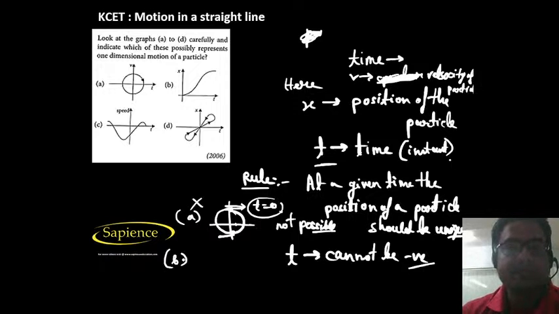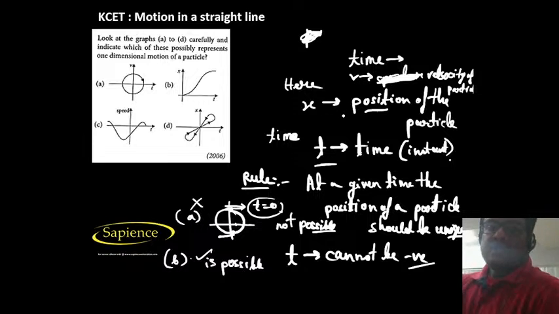Option B is possible, since at any particular instant of time it can have a unique position x only. In option C, time is negative, which can't happen, since time cannot be negative.